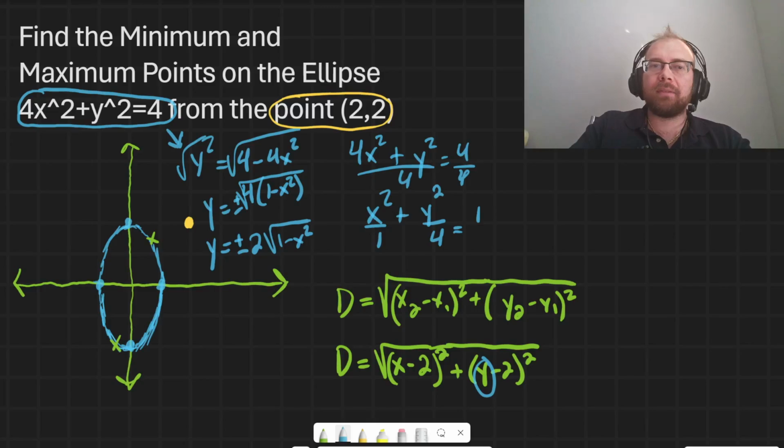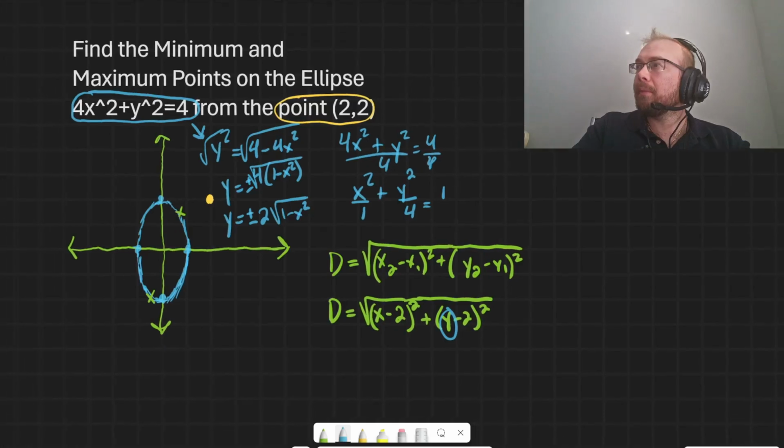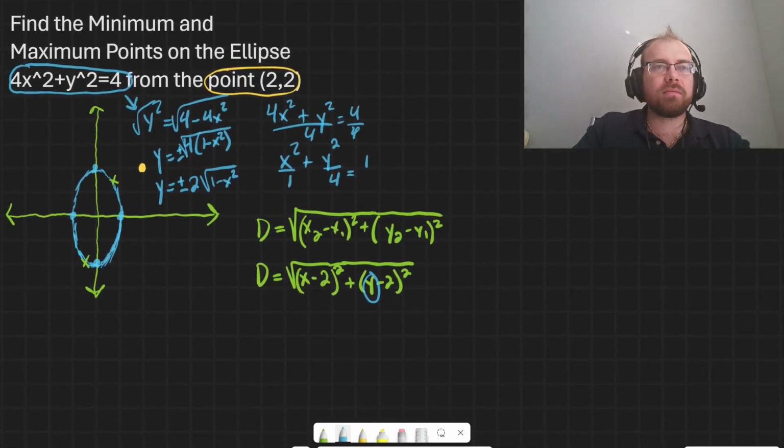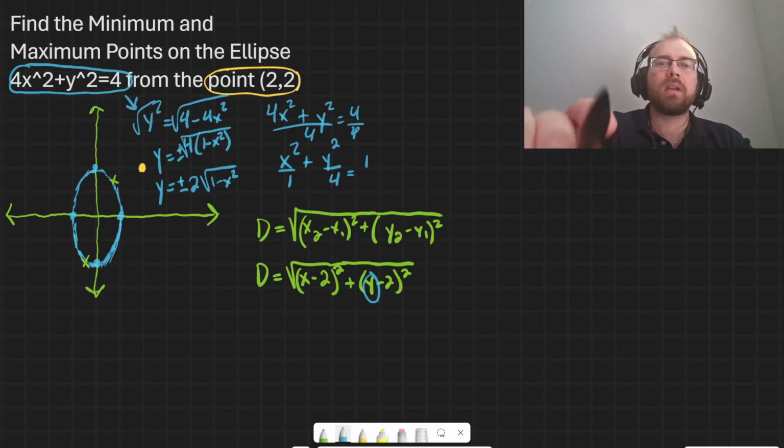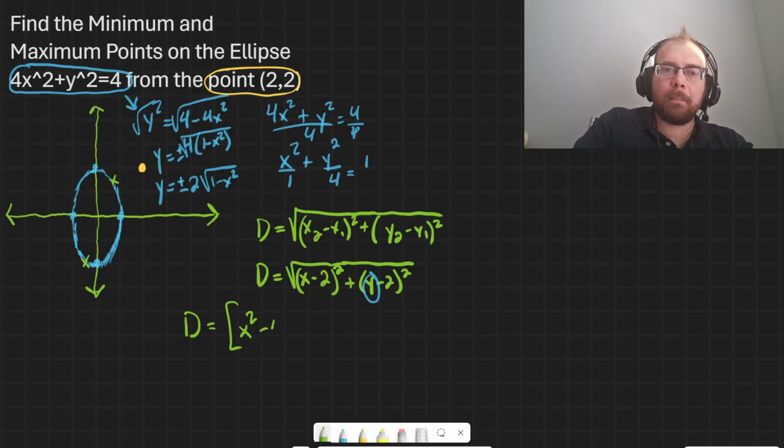Okay, I am going to have to scale this out a little bit. Make it a little smaller, and then we're going to want to take the derivative. So if we plug that in, then the distance is going to be equal to the square root of, and this is x minus 2 squared, so that's going to be x squared minus 4x plus 4.